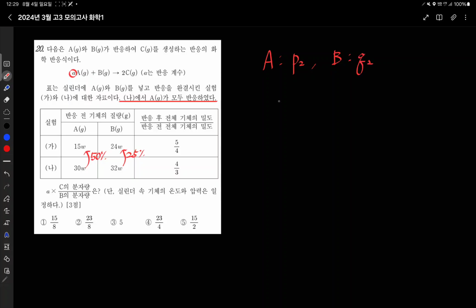In such case, C will be made of A number of p atoms and 1 q atom for the balanced reaction.